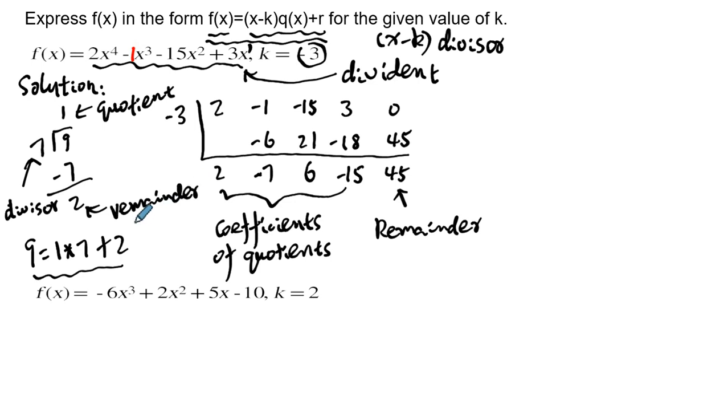So remainder goes right here, divisor right here. Quotient is 1, and 9 is the dividend.